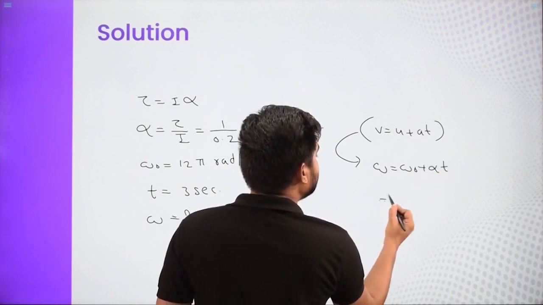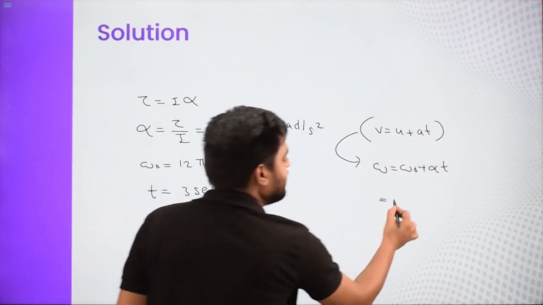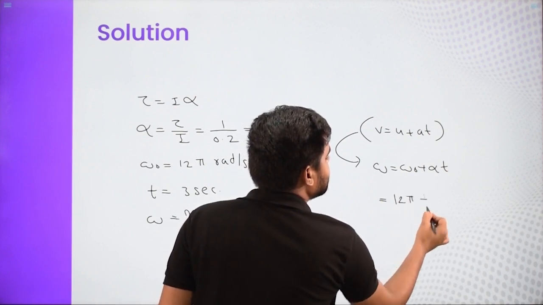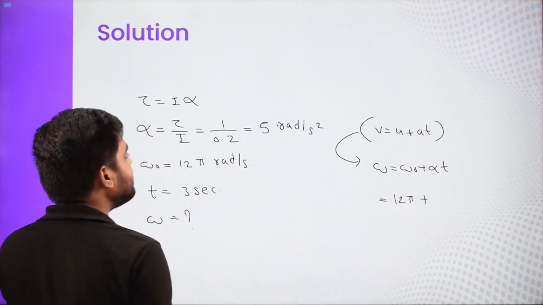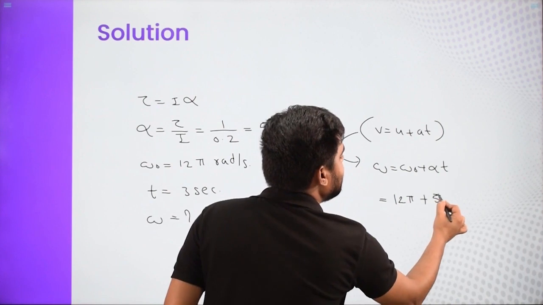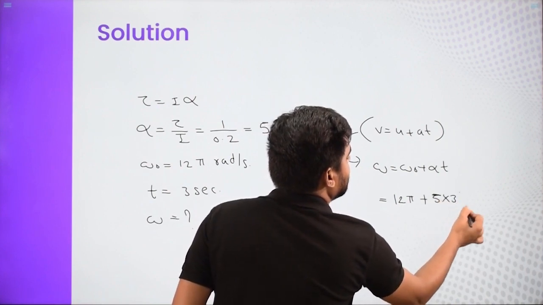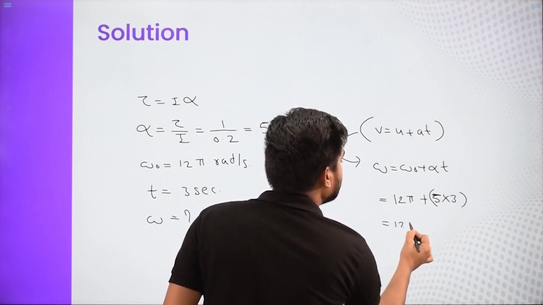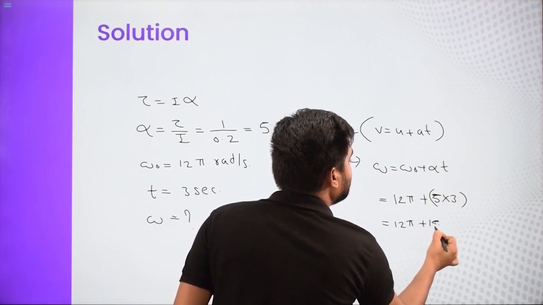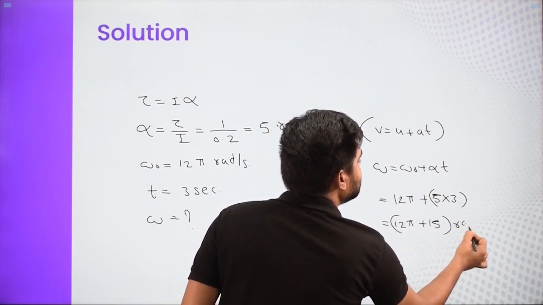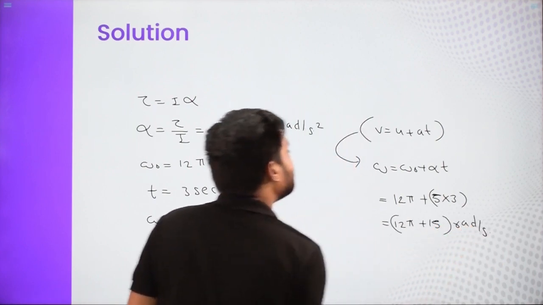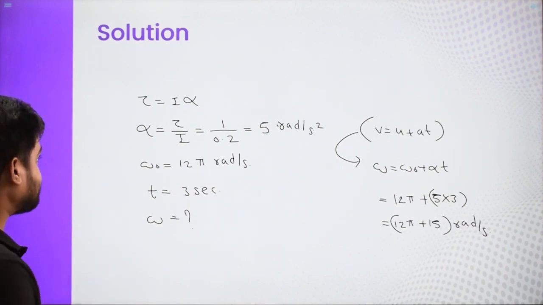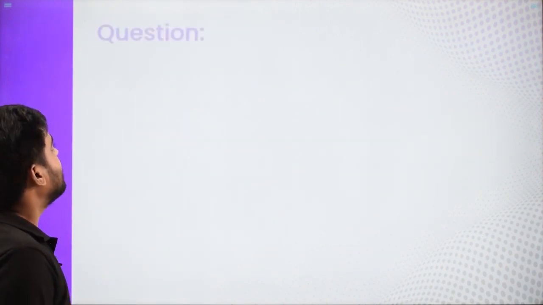So omega is equal to 12 pi plus alpha, 5, times t, 3. So we get 12 pi plus 15 radian per second. This is the final answer. Now let us move to the next question.